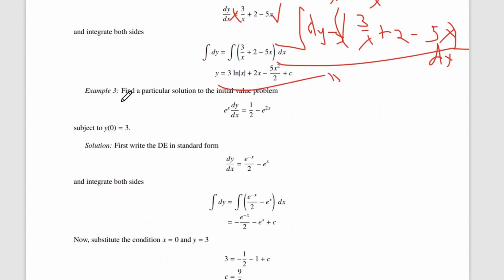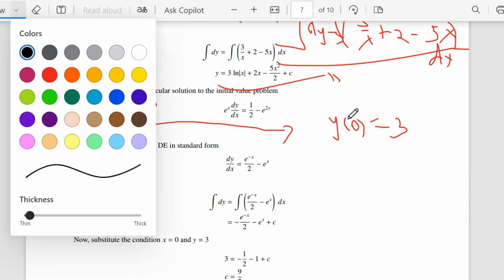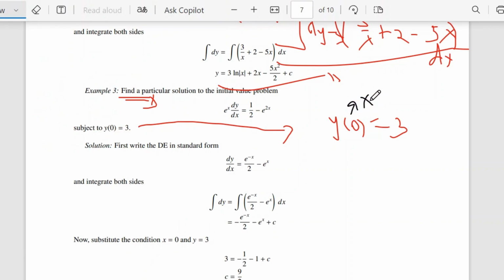But this one is also one and the same thing. It's just that now you have initial values. If they say y(0) is equal to 3, clearly they are telling you that y is 3 when x is 0, right?